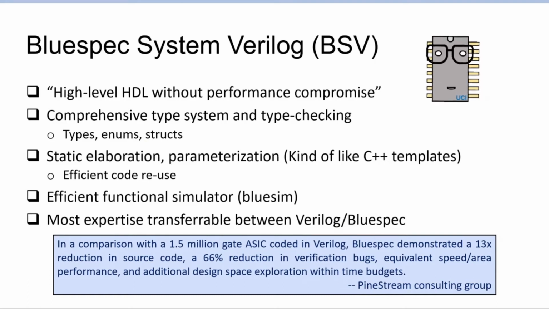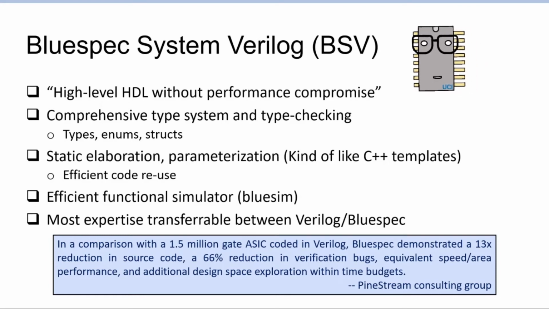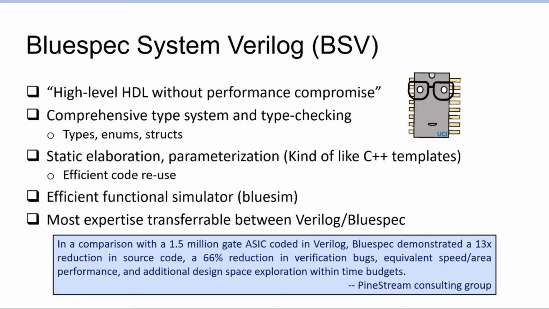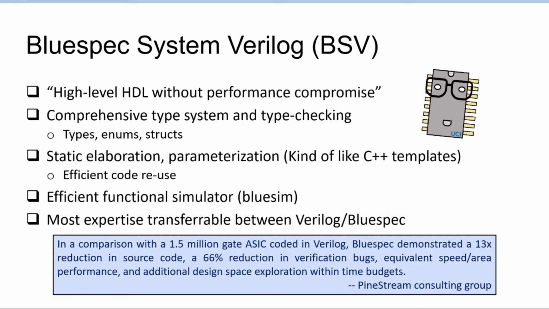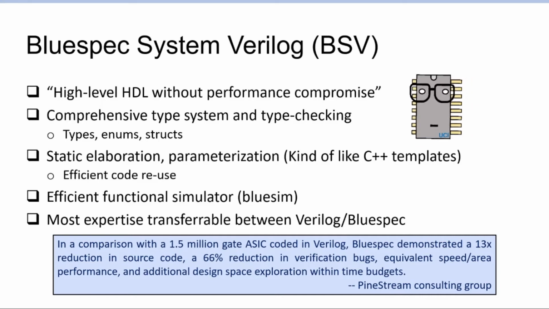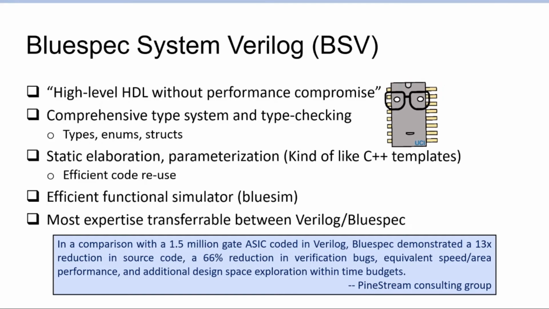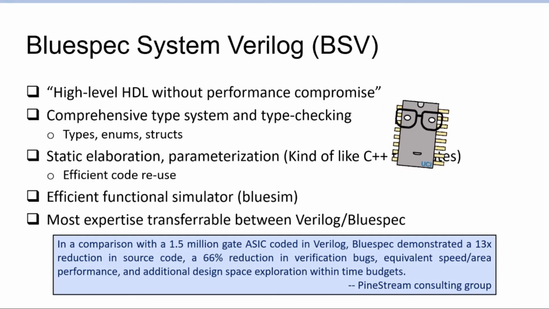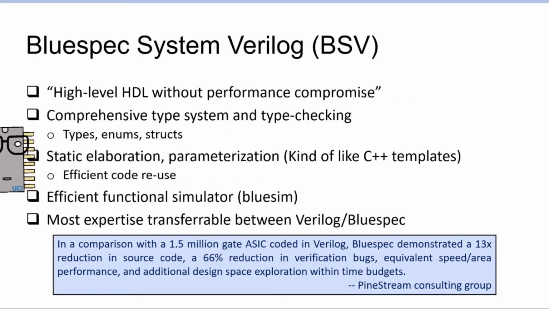Bluespec is an open source language and compiler set. That's one of the big reasons that we're using it. It is a high-level hardware description language without performance compromise, which is good. It provides a comprehensive type system and type checking. It is a strongly typed language, which helps a lot. It supports high-level features you would expect and love, things like enums, structs, and vectors, which help your ease of programming quite a bit.